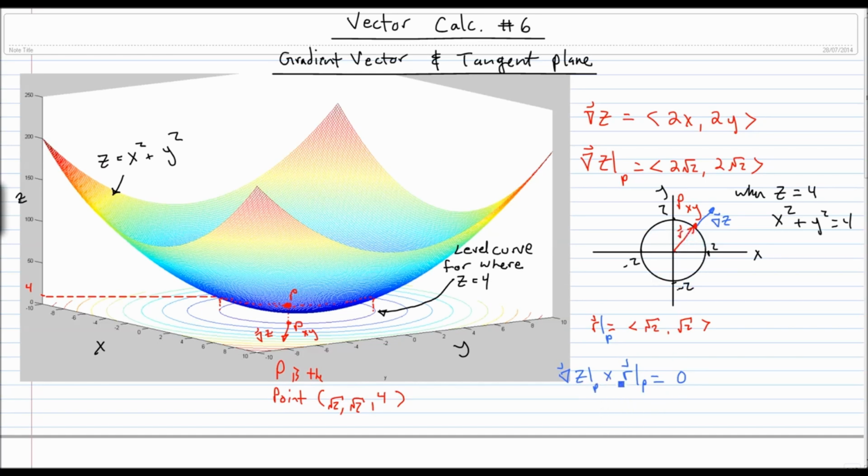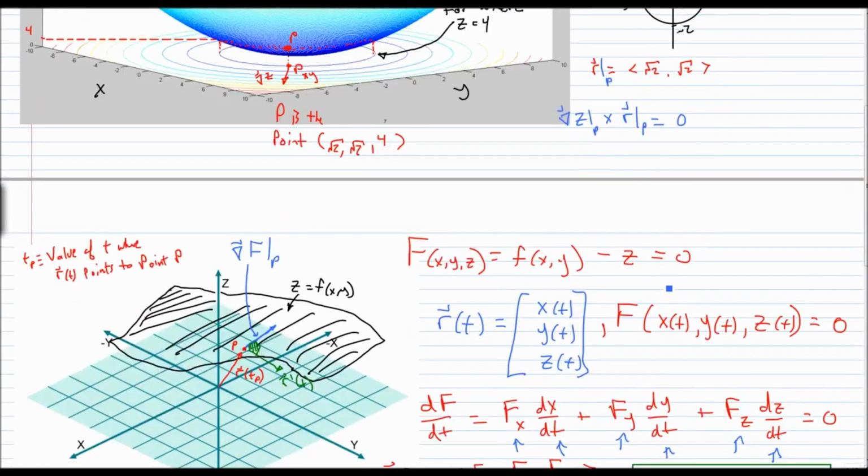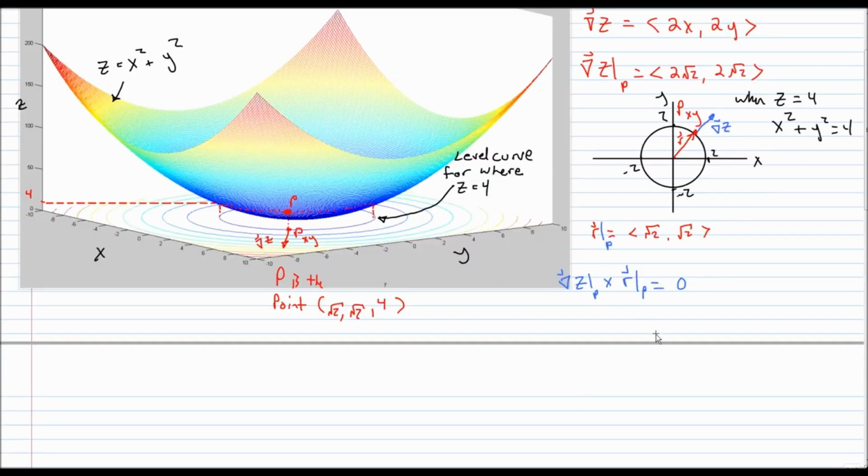So I know that if I take the cross product between two vectors that are parallel like this, then the cross product is going to equal 0. So that's what I'm going to do. I'm going to take the cross product.